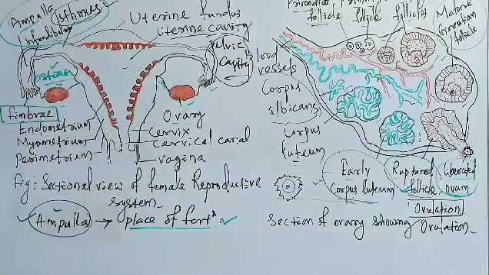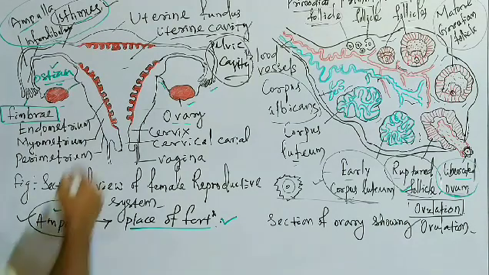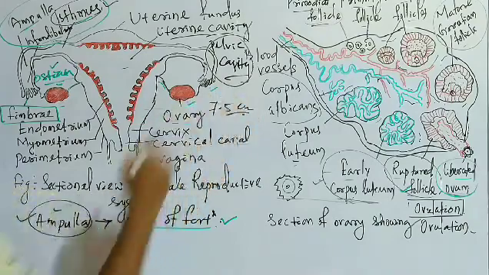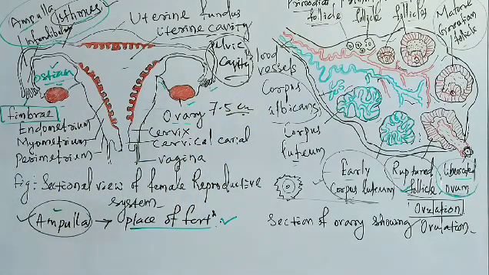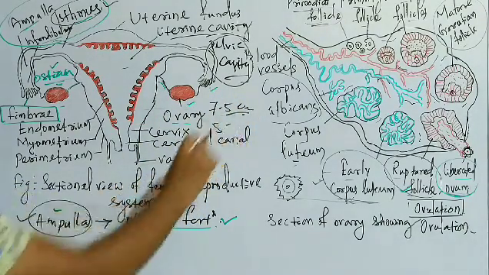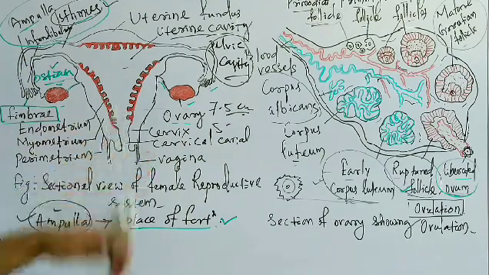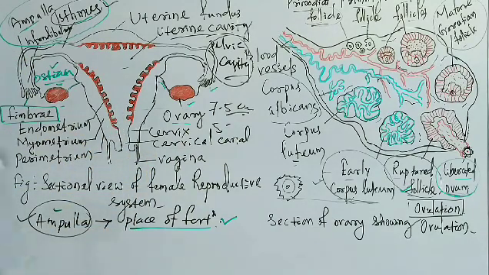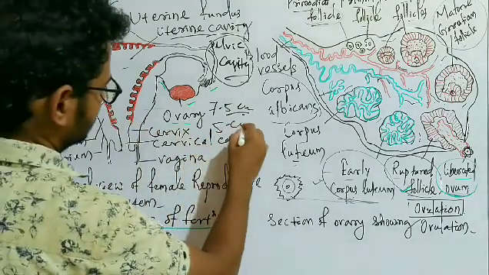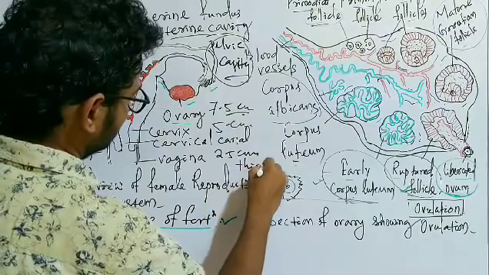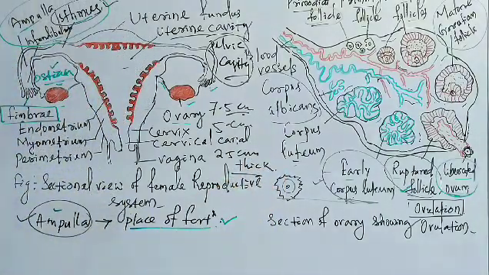The length of the uterus is 7.5 centimeters, approximately 5 centimeters wide, and 2.5 centimeters thick.